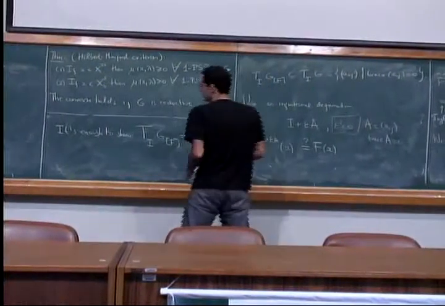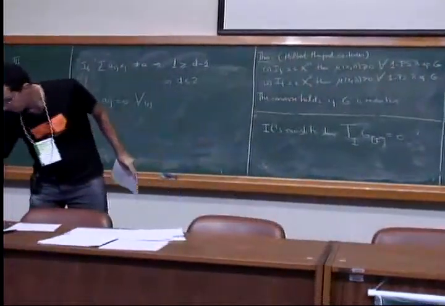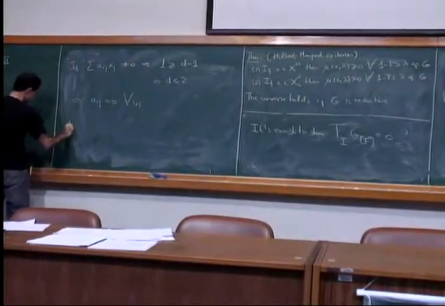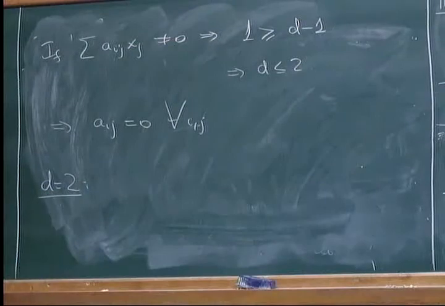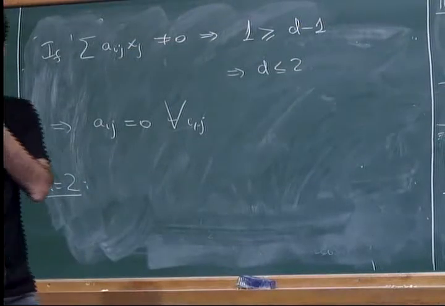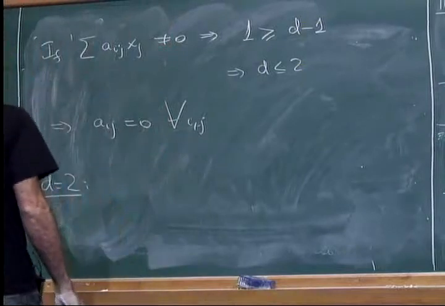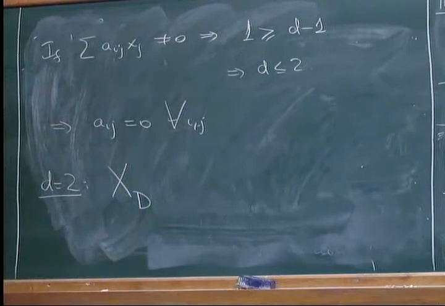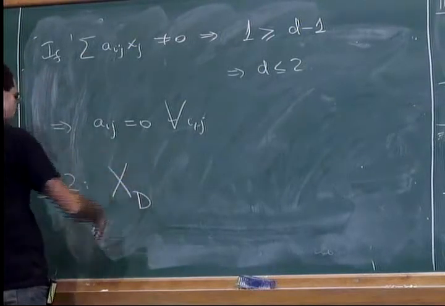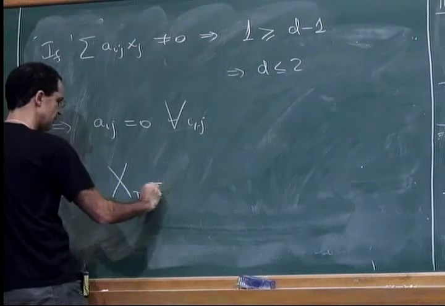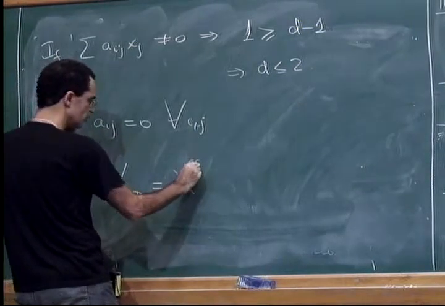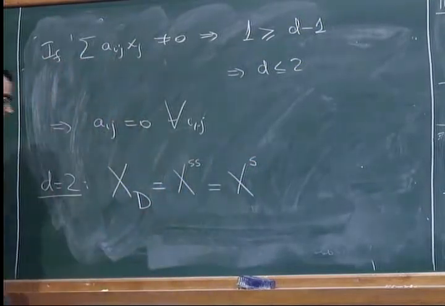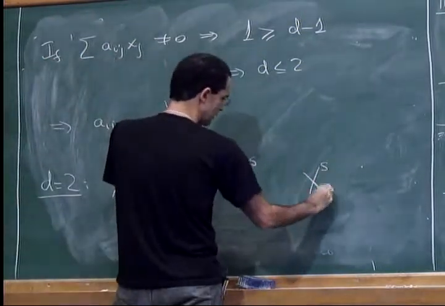Okay? So, if I have time, one last statement. What happens for degree equals 2? So for degree equals 2, you're looking at quadrics, right? And what happens in this situation is that the discriminant complement that parameterizes the non-singular quadrics is the same thing as the semi-stable locus, which is the same thing as the stable locus, but the properly stable locus is empty.